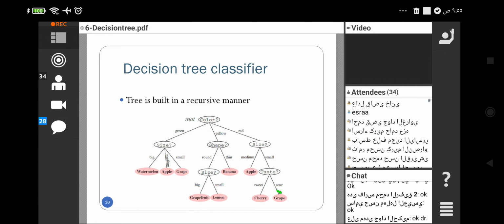We have only four attributes, and all of them are used in building the tree. After that, we don't have any attributes because the parent and the child could not be the same. If we have color in the parent attribute, we can't have it in the child of that node. Do you understand?